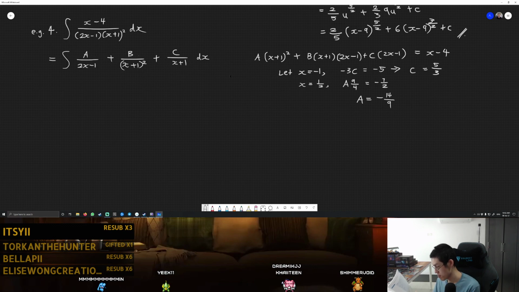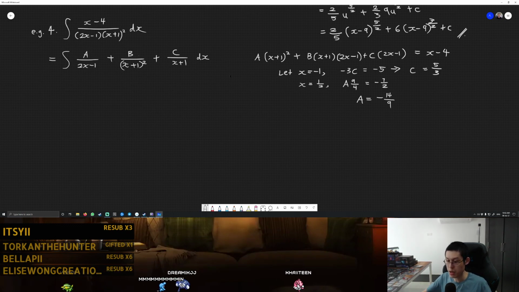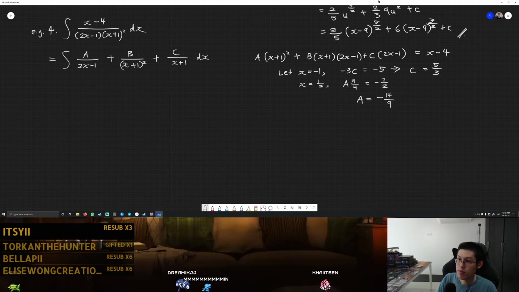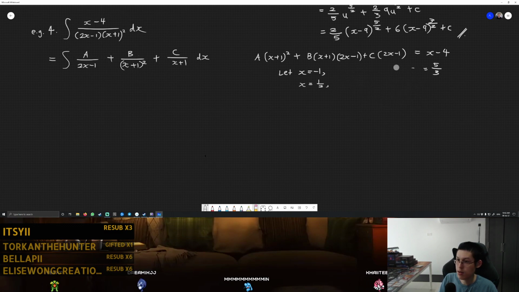Wait a minute. Seems like I've messed up. If x is minus 1, these two disappear, so we're left with minus 3C, then this minus 5.